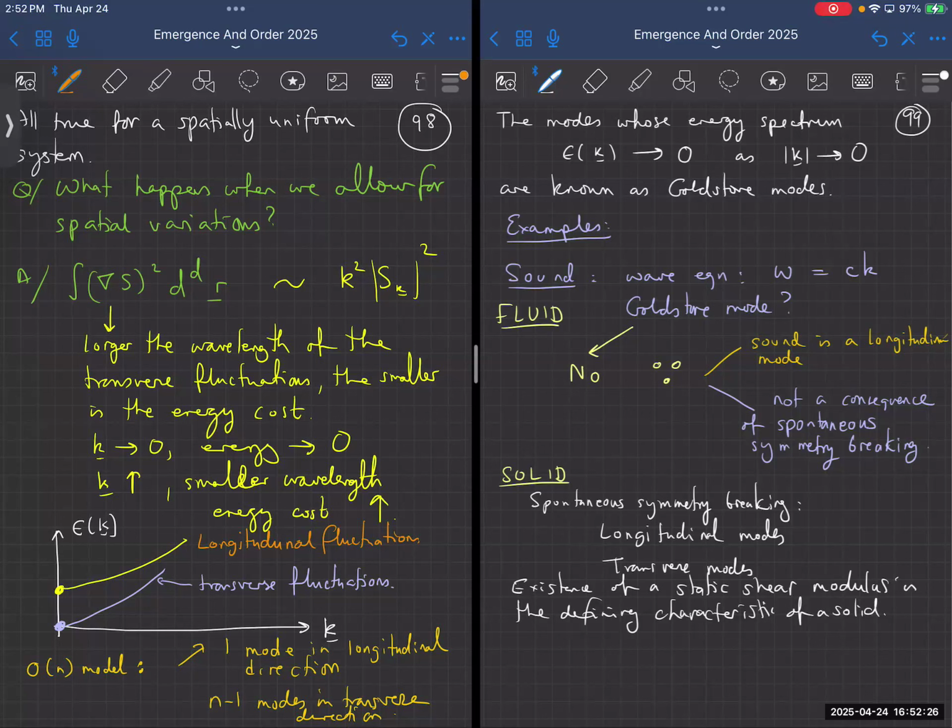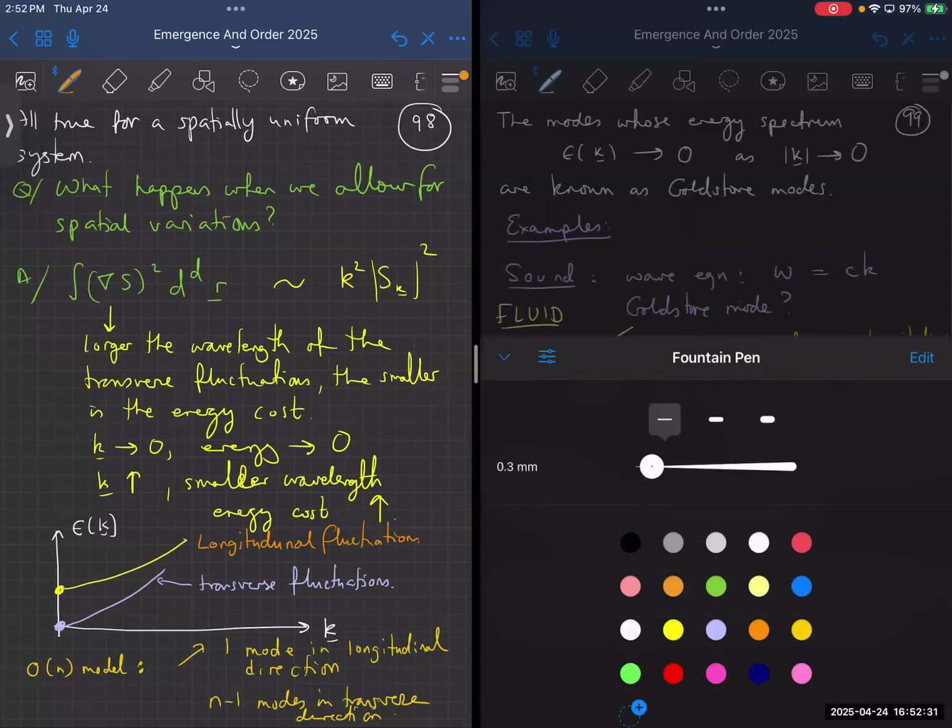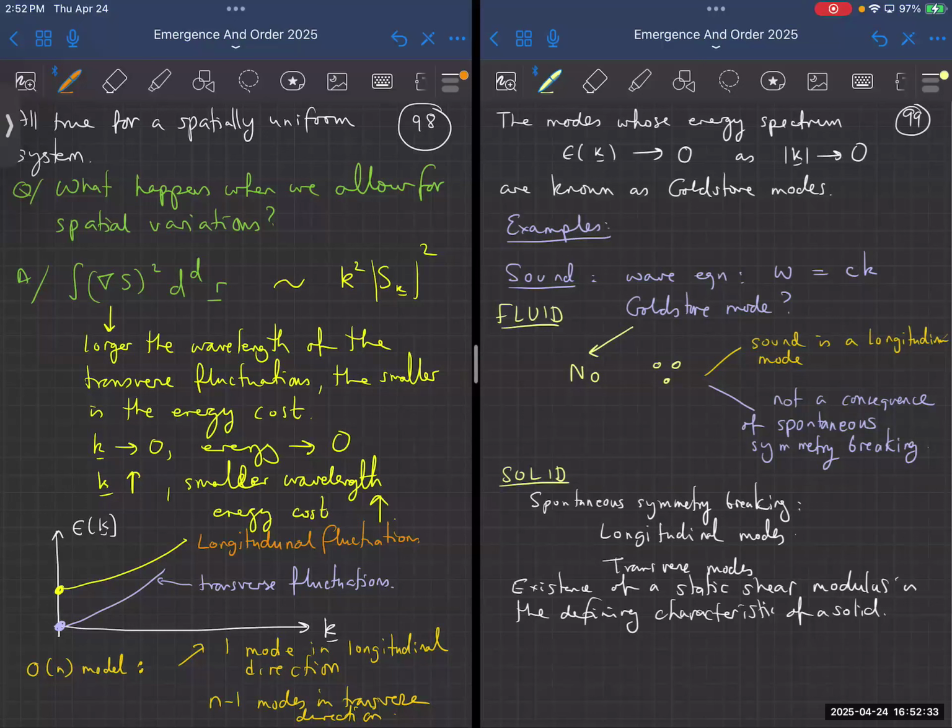And those transverse modes do not exist in a liquid, but the longitudinal mode continues into the liquid state, when I'm above the melting temperature.